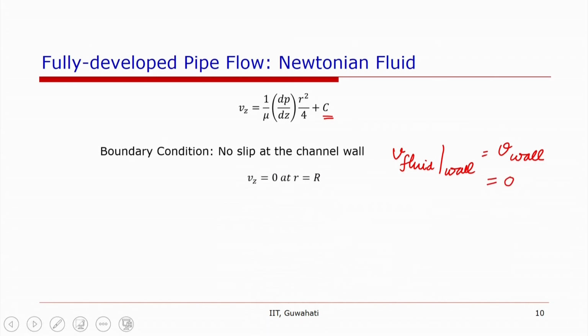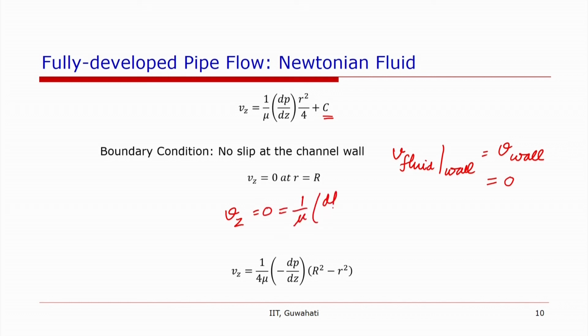So, we will use this boundary condition that at r is equal to capital R, where R is the channel radius, the velocity Vz is 0. If we substitute that, we end up with Vz equal to 0 at 1 over mu dp by dz capital R square by 4 plus c. Let us say this is equation 1 and this is equation 2.